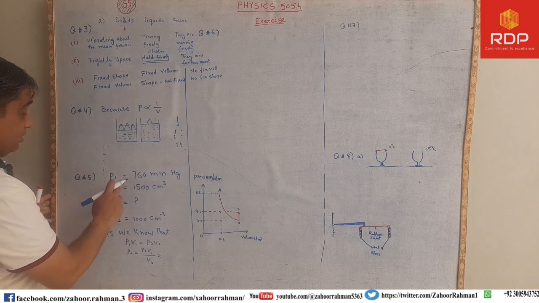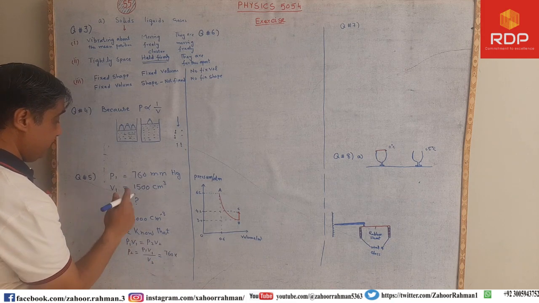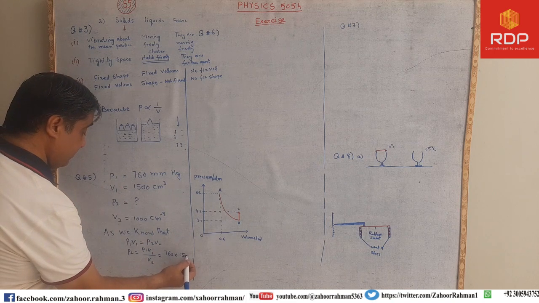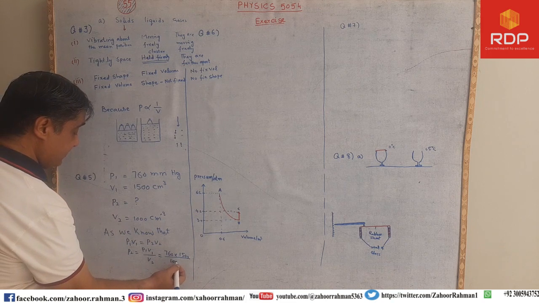Now putting the values, P1 is 760, V1 is 1500 and V2 is 1000.